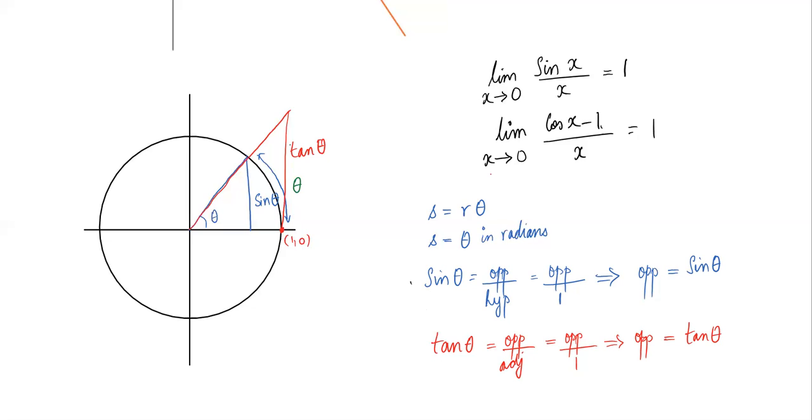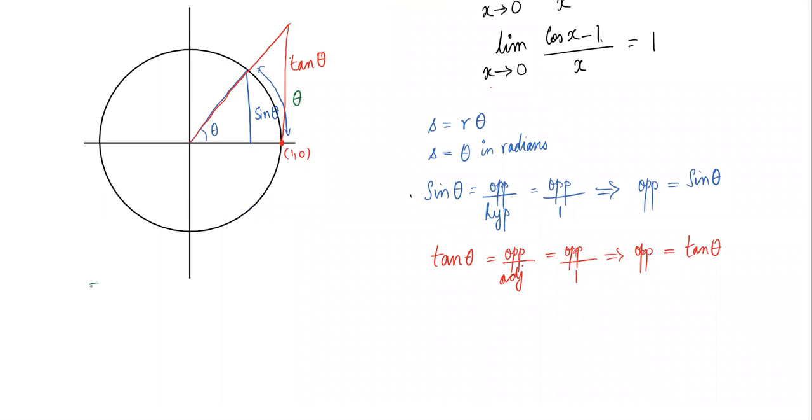So for theta between 0 and pi over 2, the arc length theta is in between sine theta and tan theta. Yes?